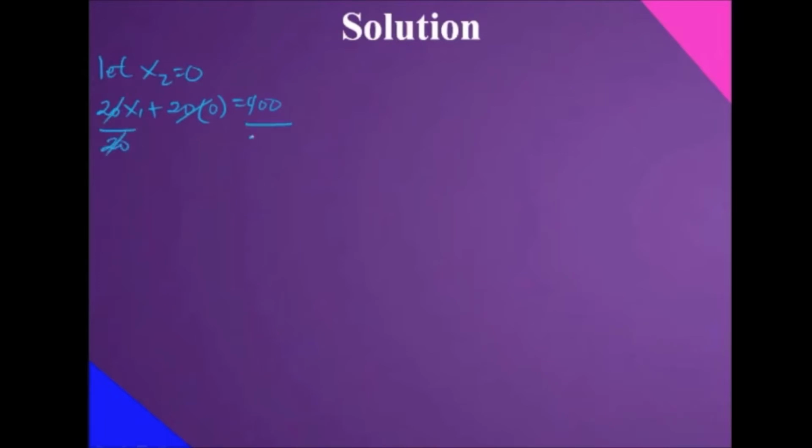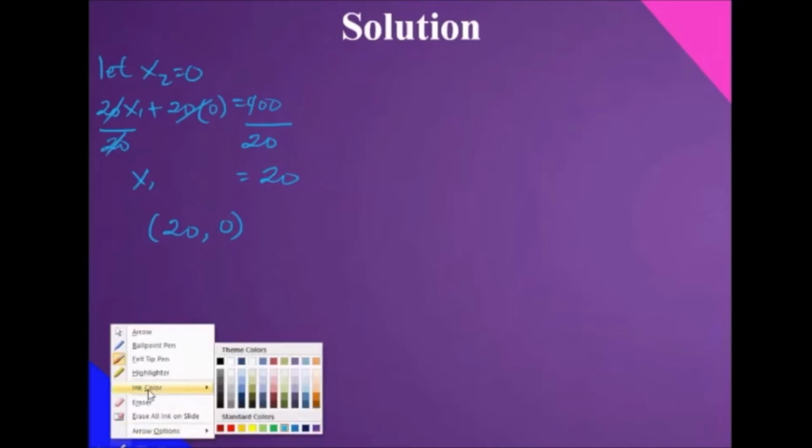So, x sub 1 equals 400 divided by 20, so that is 20. Therefore, if our x sub 2 is 0, our x sub 1 is 20. And that's it. 2 points na rin tayo for our constraint number 2.